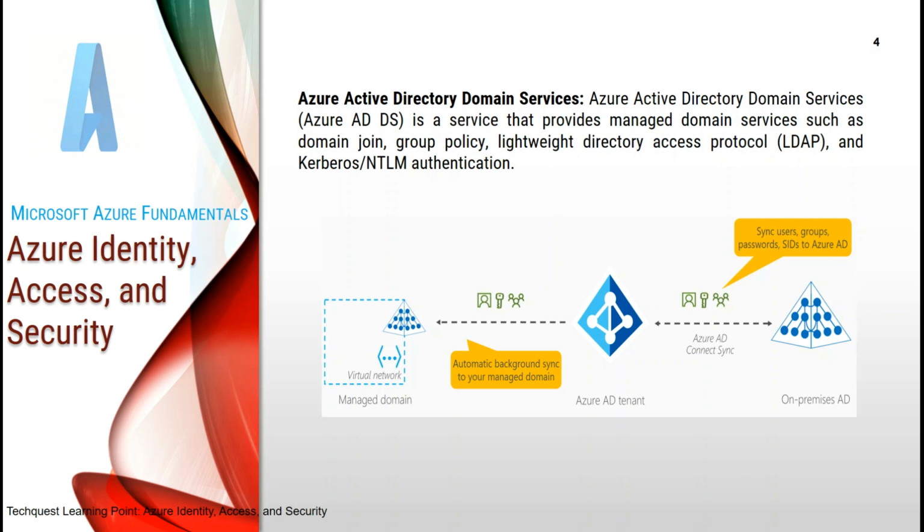You can create resources directly in the managed domain, but they are not synchronized back to Azure AD. In a hybrid environment with an on-premises ADDS environment, Azure AD Connect synchronizes identity information with Azure AD, which is then synchronized to the managed domain.